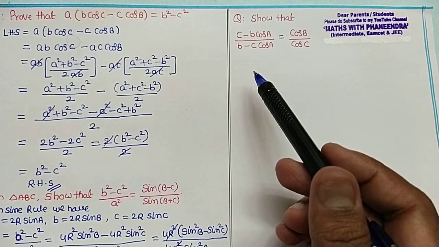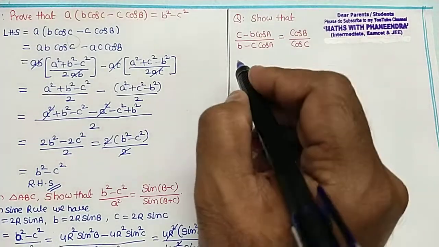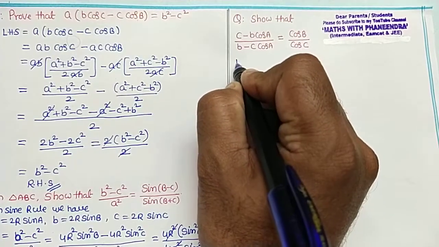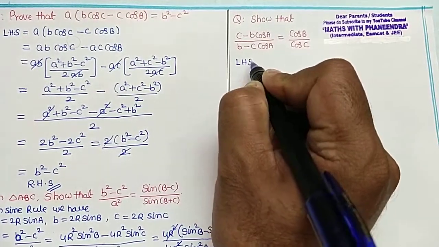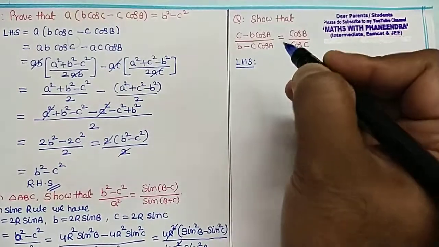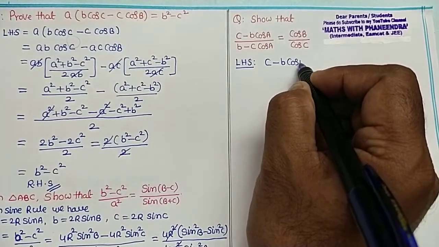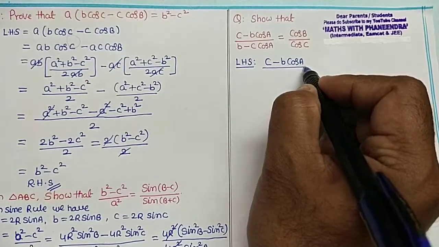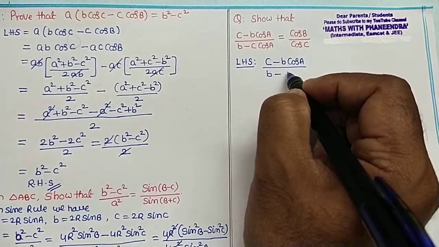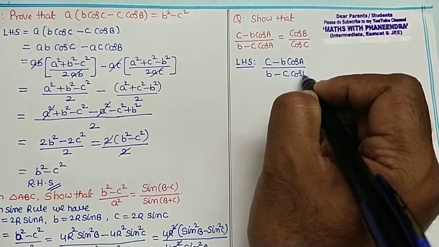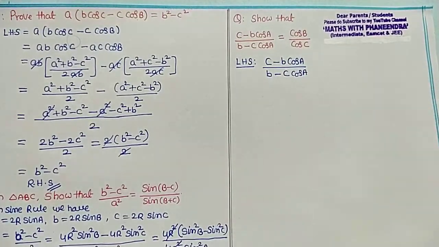See, first you have to consider LHS. C minus B cos A divided by B minus C cos A. Here we are going to apply the projection rule formulas.